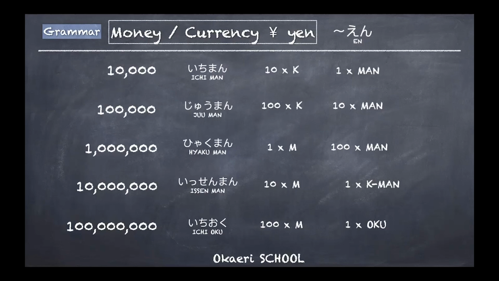So 10 million would be 1000万, 1000 man. And then when in English you say 100 million, we have a new name for that amount. We say oku. So 200 million will be 2 oku. 3 oku. 4 oku.